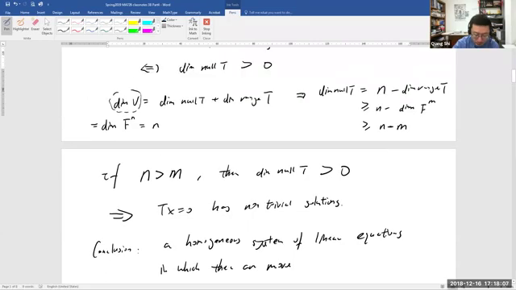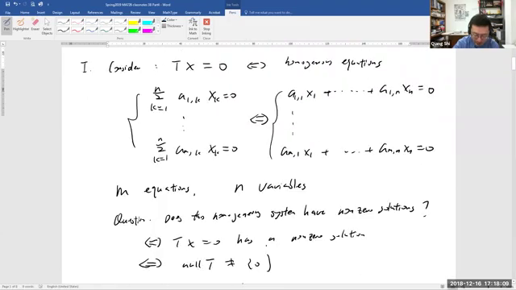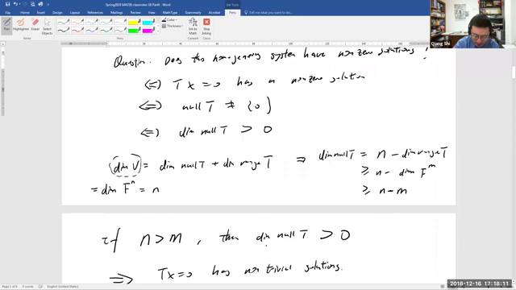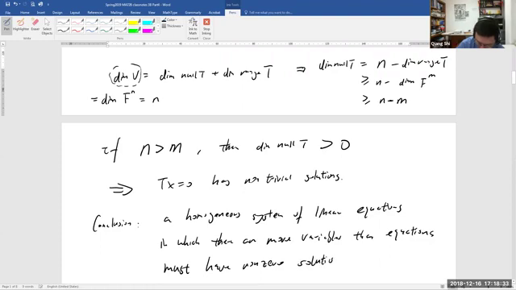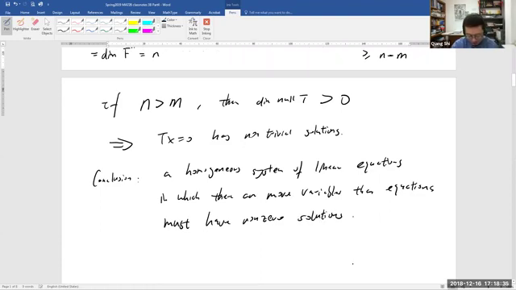If you go back to look at what we did, m is the number of equations, n is the number of variables. For instance, if you have 5 variables and 3 equations, then this kind of system must have non-zero solutions. That's our conclusion. All right.